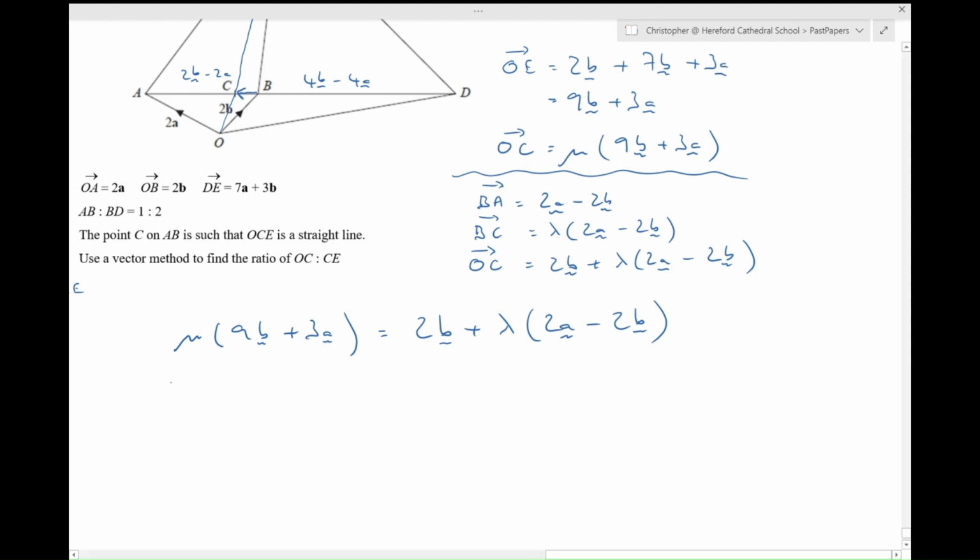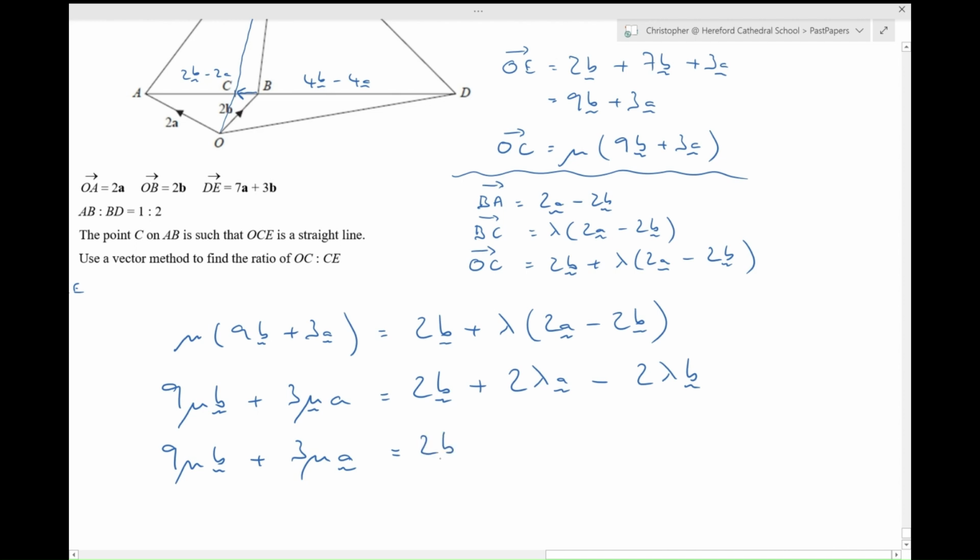I'm going to multiply out this bracket on the left. That gives me 9 mu B plus 3 mu A equals 2B plus 2 lambda A minus 2 lambda B. On the left-hand side, I can already see the coefficient of B and the coefficient of A. On the right-hand side, I'm going to need to do a little more manipulation. How many B's have I got?